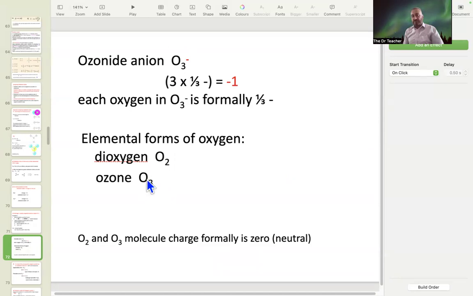It's stable. It's in the atmosphere outside the Earth, and it's protecting us from the UV of the sun. That's the ozone layer. So the oxygen and ozone molecule charge formally is 0. They are neutral.